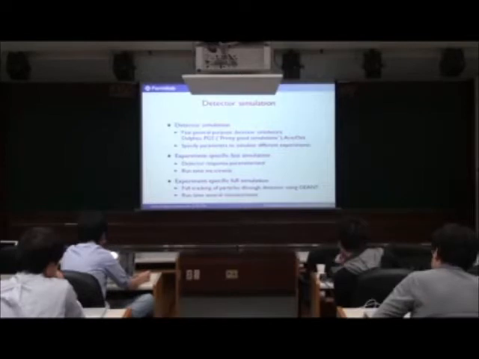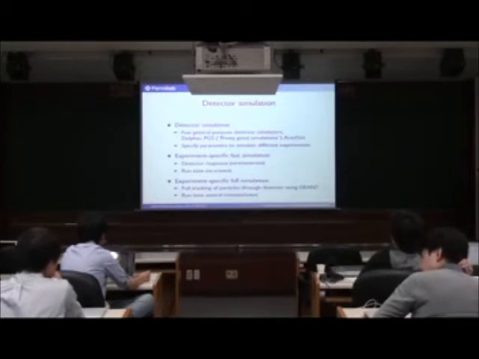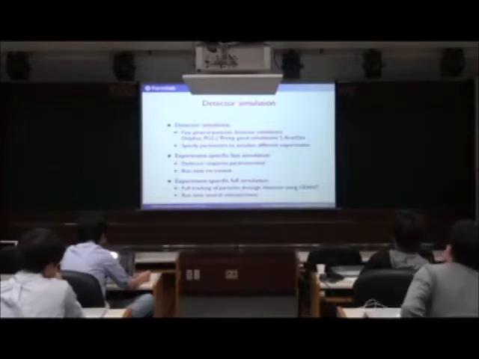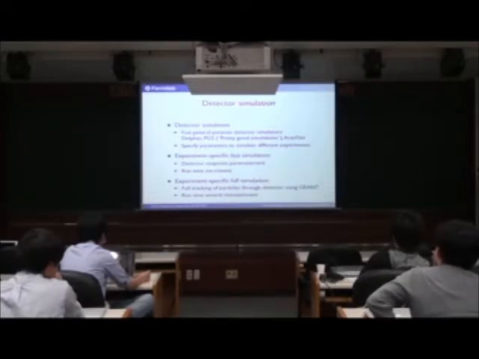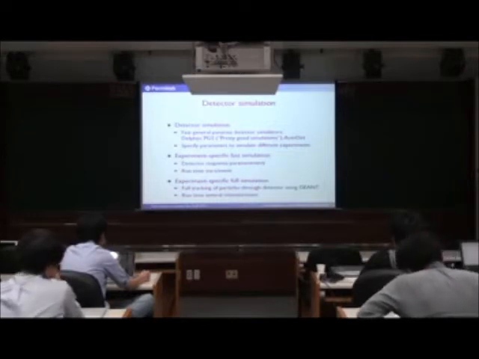Then you have the experiment-specific full simulation, which means that you take all the particles coming out of the hadronization simulation, and then you track exactly how these particles go through the detector and how they evolve using the GEANT software package. And here we have a runtime of several minutes for one event.